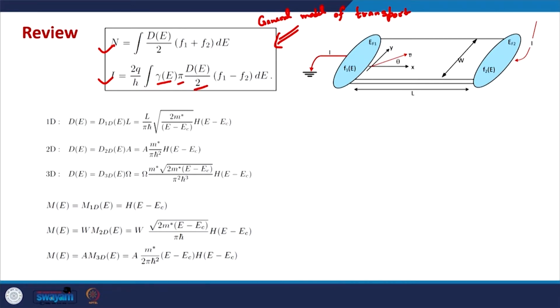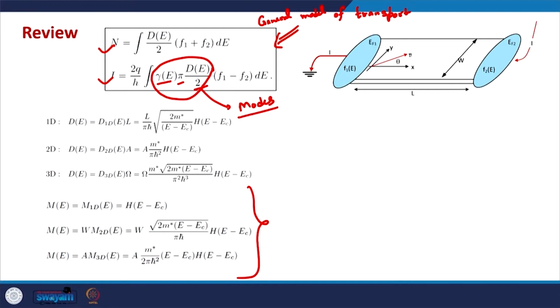Building on top of this, we saw that when there is a steady state current in the conductor, especially in the ballistic case, we can define this quantity to be the modes, and modes are like conduction pathways in the channel.